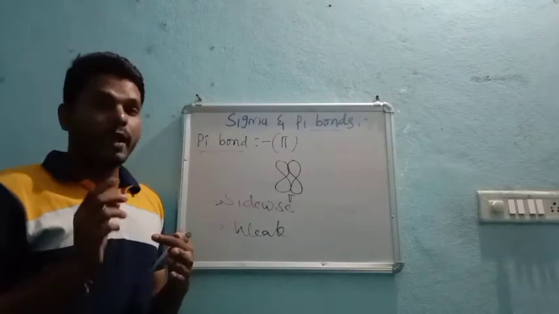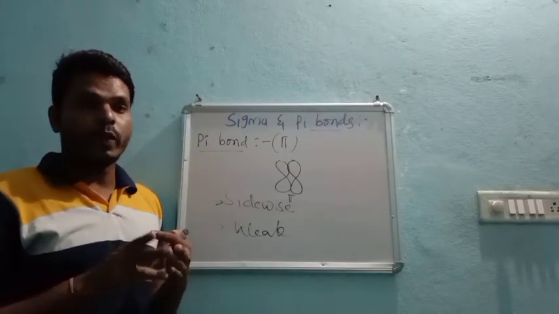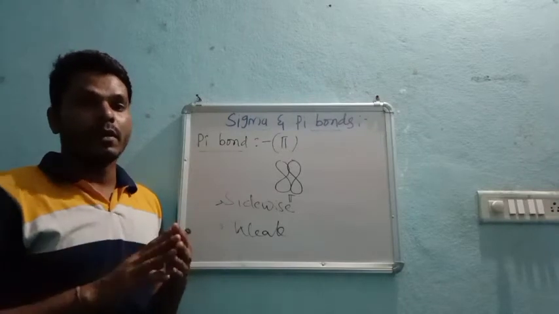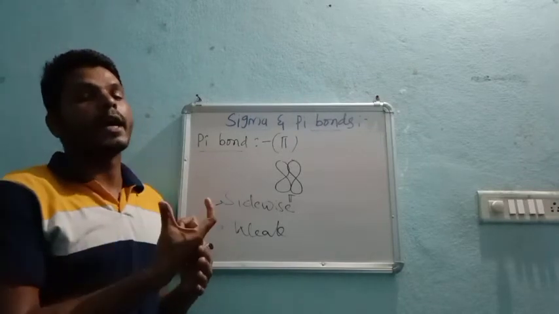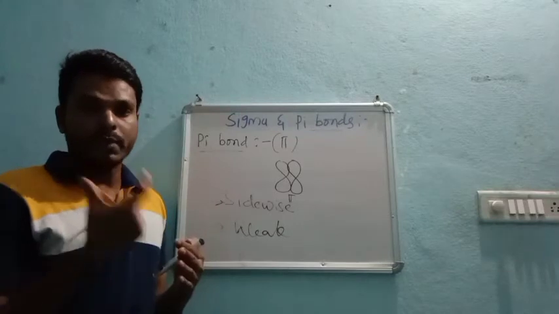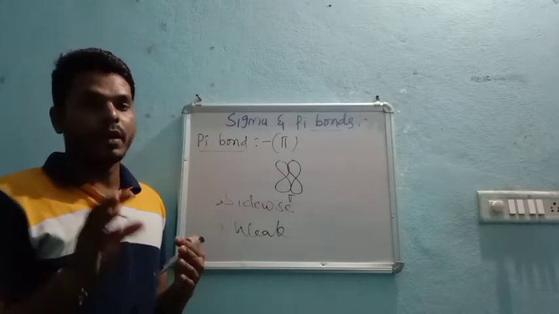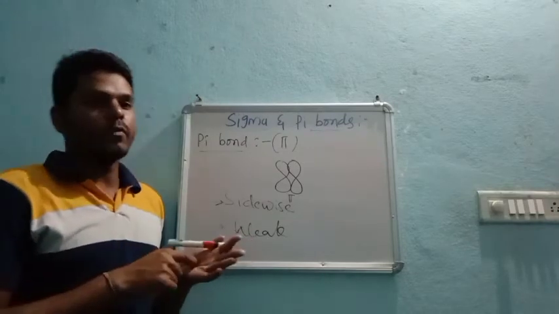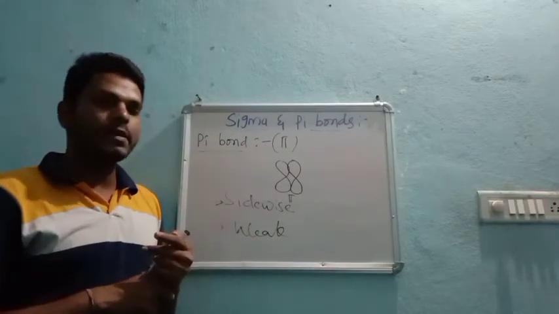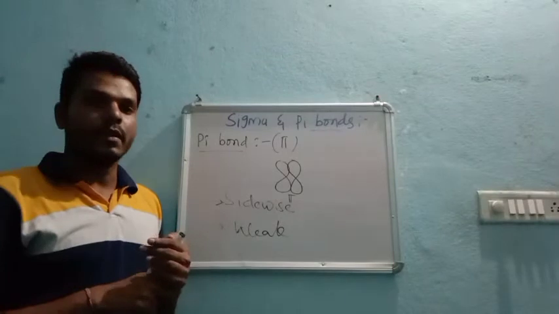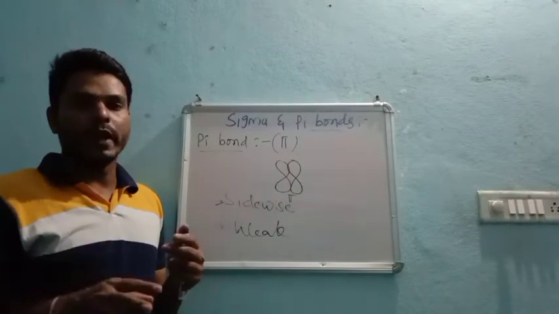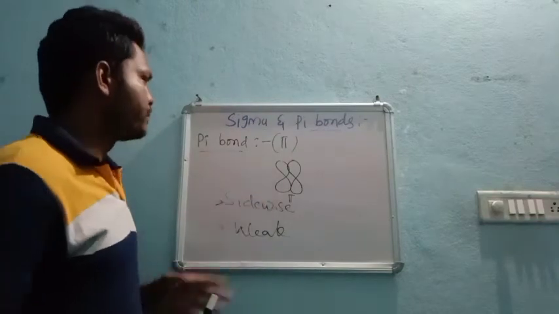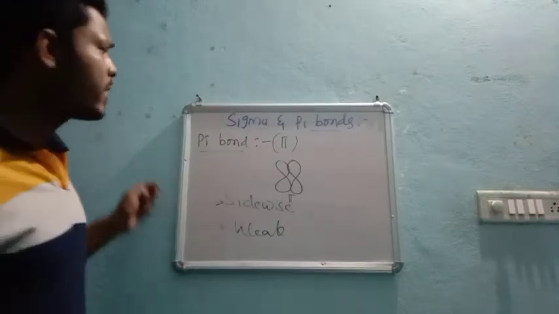If a triple bond is present between two atoms, then two will be pi bonds and one will be a sigma bond. And between carbon and hydrogen, the bond will always be a sigma bond. That means if there is a single bond present, then that bond will always be a sigma bond. So now, what is the importance?